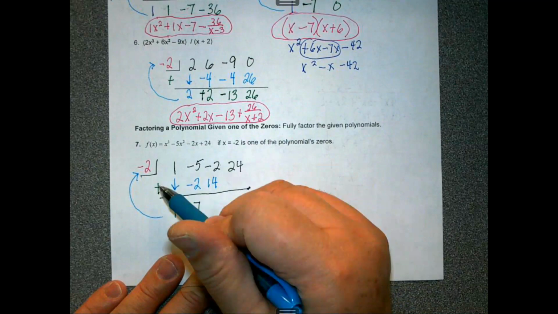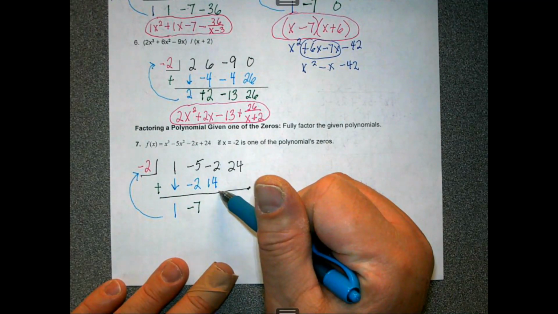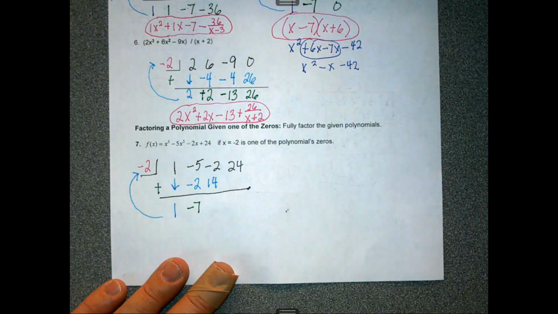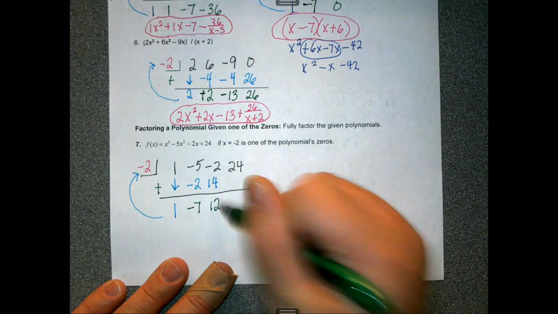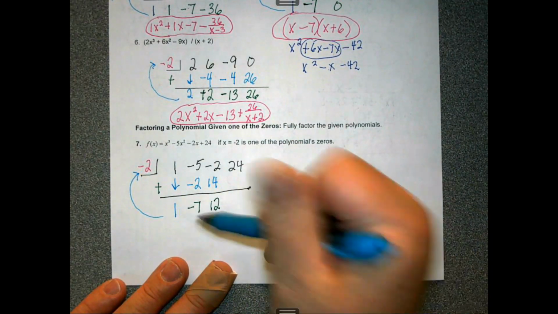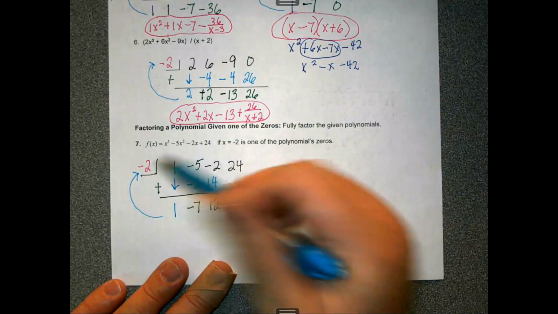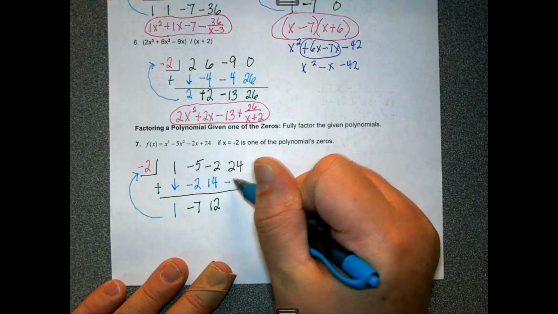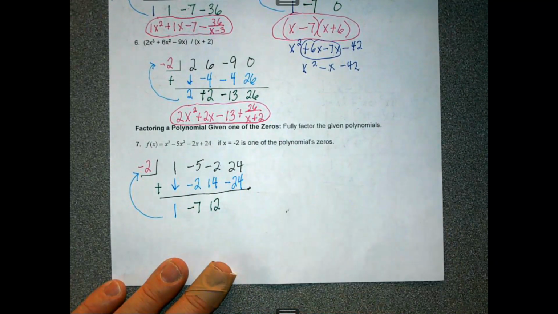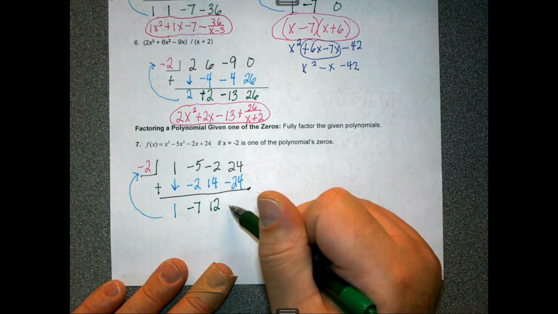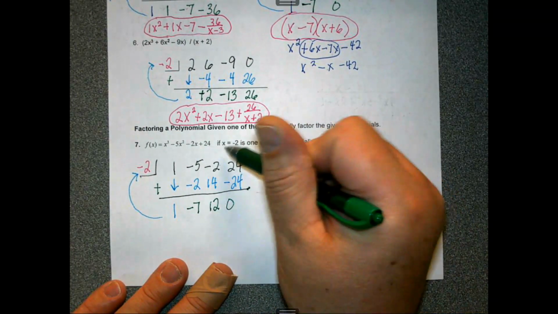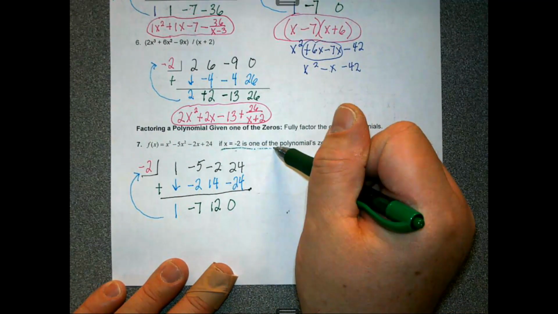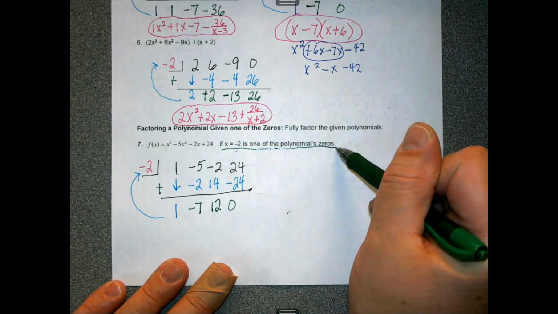Negative 2 plus positive 14 is positive 12. Positive 12 times negative 2. And we better get a 0 because they told us negative 2 is one of the zeros.